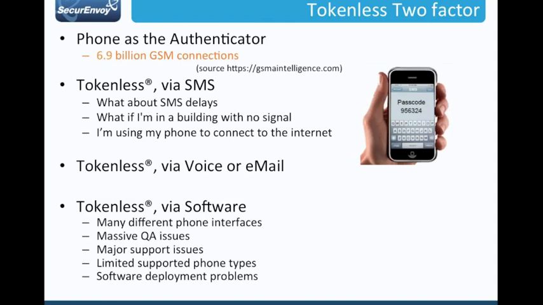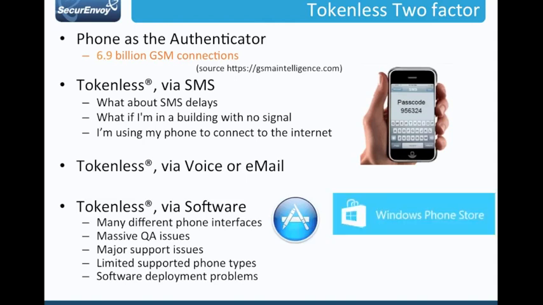Now, the third way we can do this is to actually use software. Previously, putting software on a device was very hard. However, Apple's very much the game changer in this market by bringing in the App Store, which made it very simple for end users to select some software, install it, and make it work.